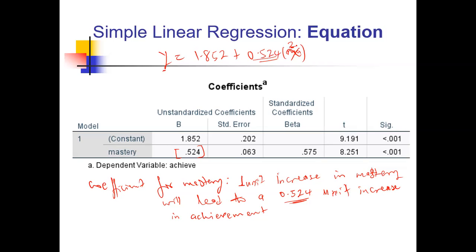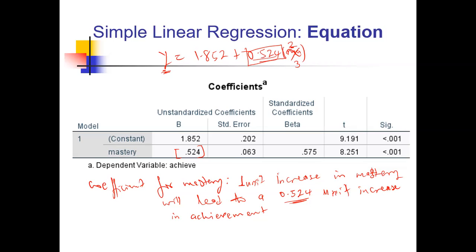If you put 2 here, you find out that achievement will shift by 2 times this value. So whatever value you put here, this marks the increment for every 1 unit, and that is the interpretation. Okay?